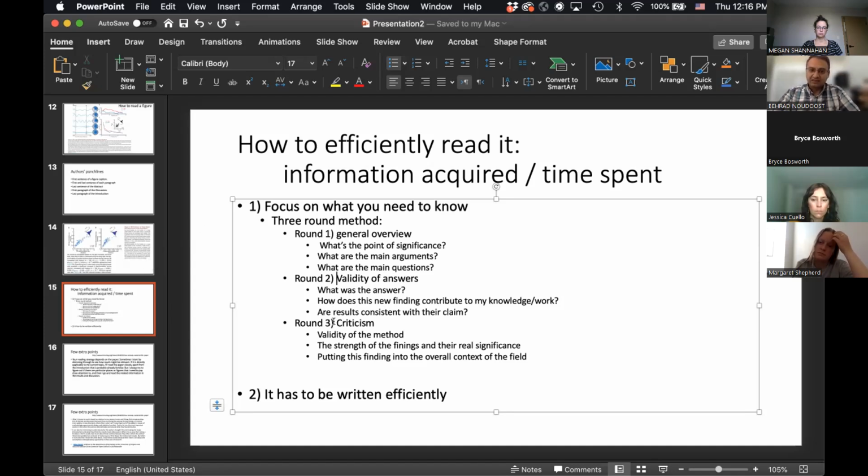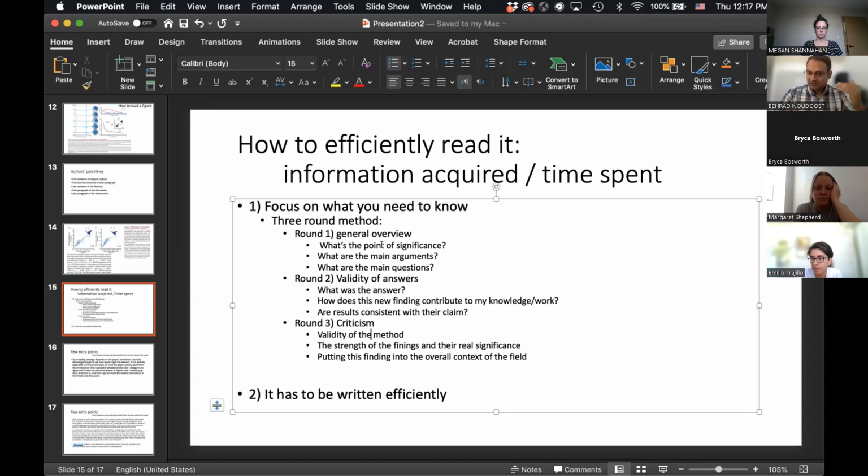And then for being able to criticize a paper, you should be in that field, meaning that you should know what this paper is talking about in the general domain, the trend of the field, what these methods are usually used for, and what the major criticisms are about these types of methods and materials. So that is the part where you go into the details of methods, details of findings, and the strengths of their findings and their real significance.